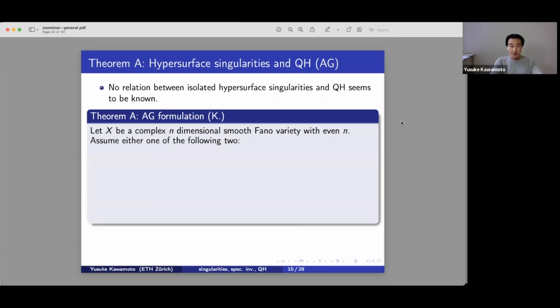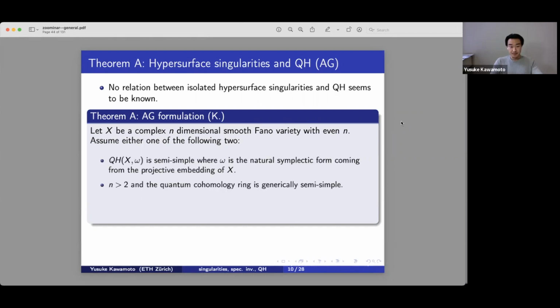Suppose you have a complex n-dimensional smooth Fano variety X, where n is even, and we assume either one of two semi-simplicity conditions: either monotone semi-simplicity, or generic semi-simplicity. But if you assume the generic semi-simplicity, then you want the dimension to be higher than 2.